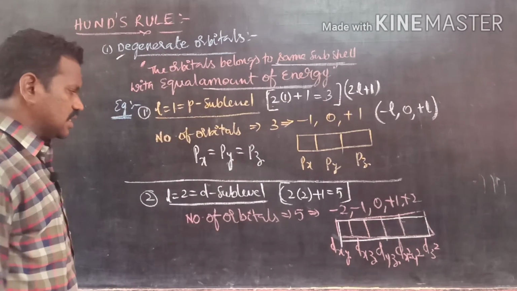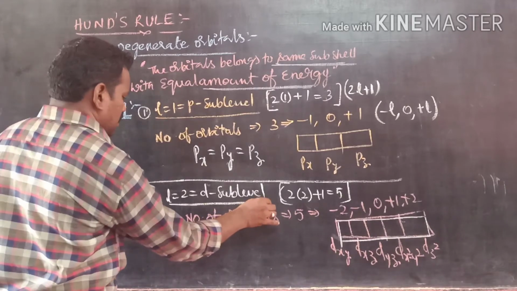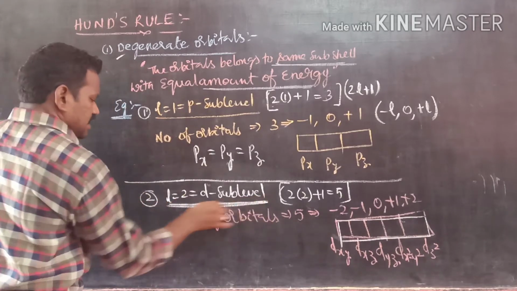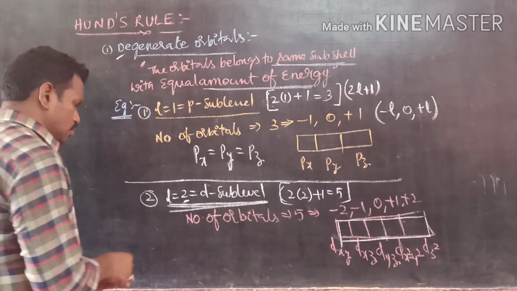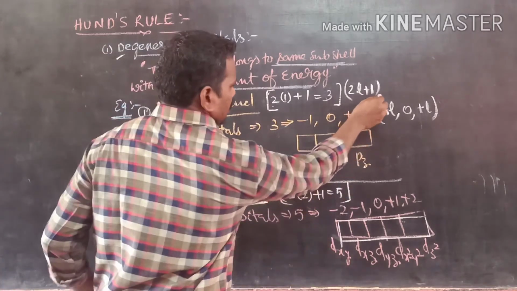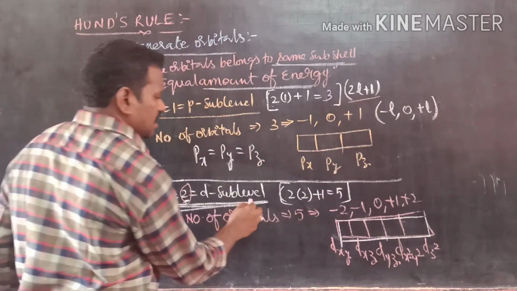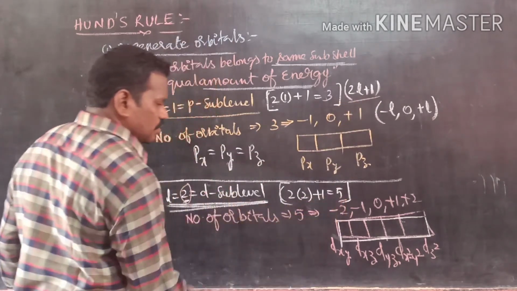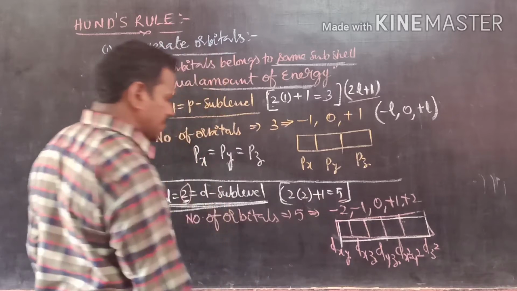Let us come to the second example, sublevel d, whose l value is equal to 2. As per the formula 2l plus 1, that is 2 of 2 plus 1, the number of orbitals is 5.